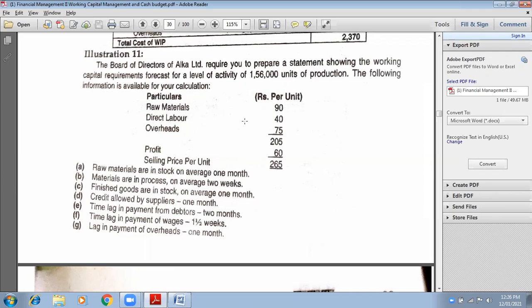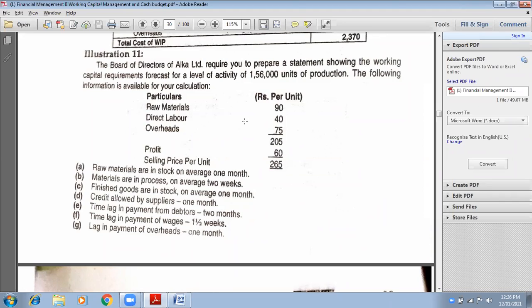Now you have to draw the lines: particulars, inner column, outer column. Total 3 columns I need. Shall we start? Okay, so look at adjustment number 1.